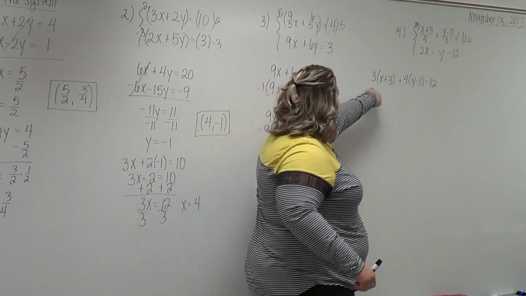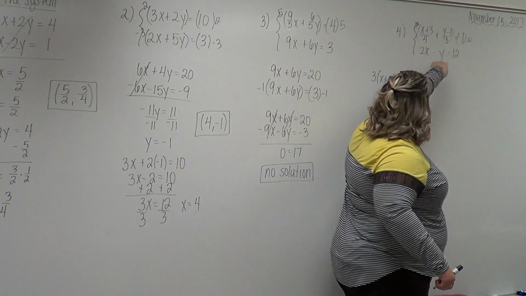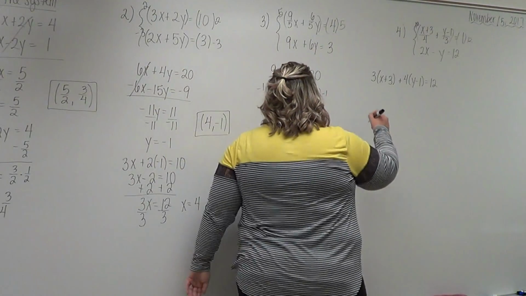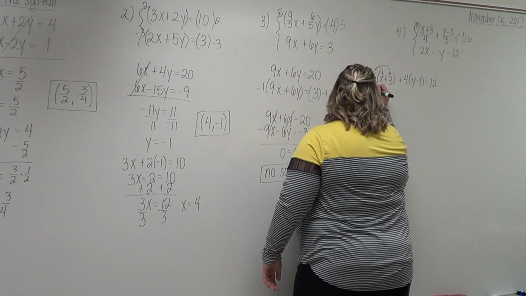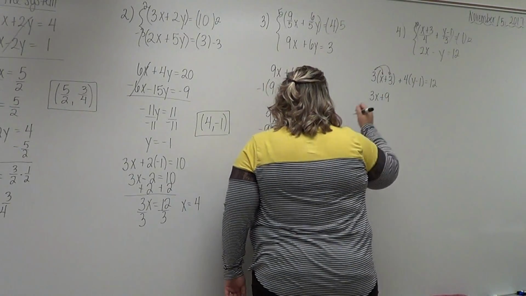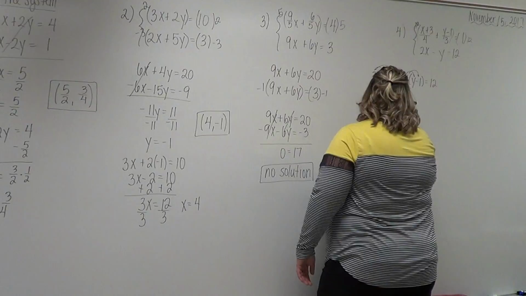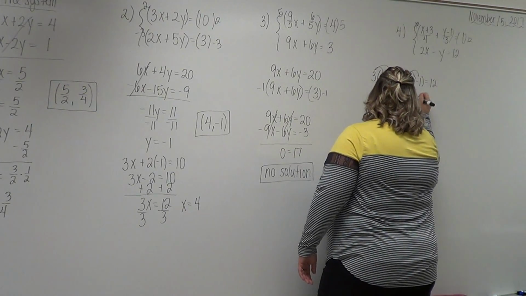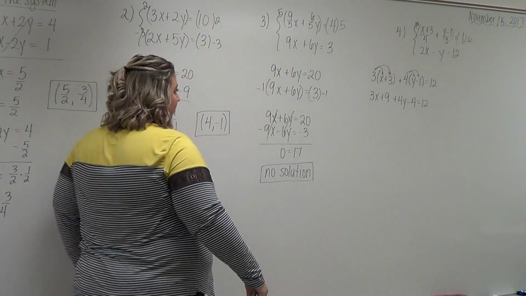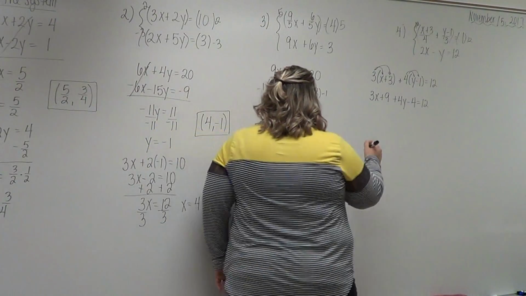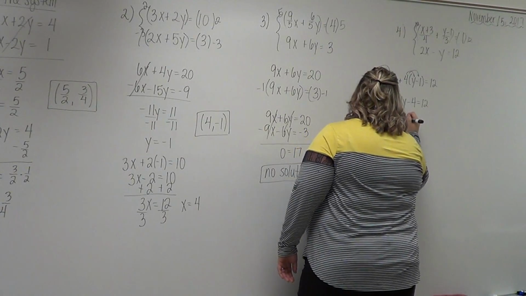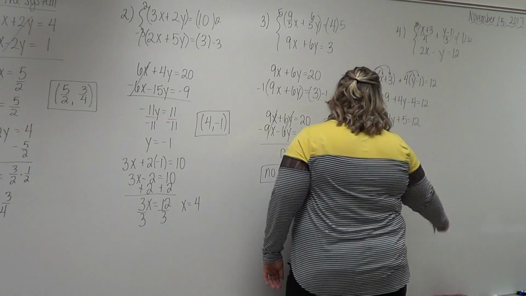Now I need to get this equation to look like this: x, y, and a number. So you're going to distribute. I have 3x plus 9 plus 4y minus 4 equals 12. So I'd have 3x plus 4y plus 5 equals 12.